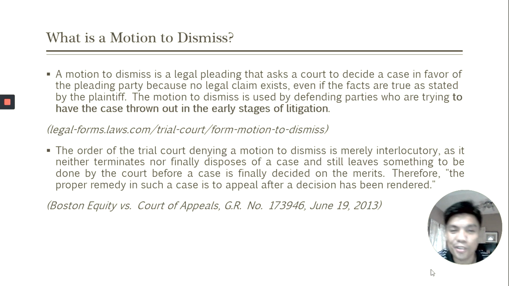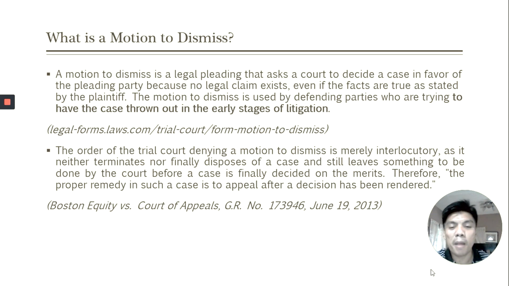Bravo for the defendant. But if the motion to dismiss is denied by the court, the Supreme Court has held that the order of the trial court denying a motion to dismiss is merely interlocutory, as it neither terminates nor finally disposes of a case and still leaves something to be done by the court before a case is finally decided on the merits.